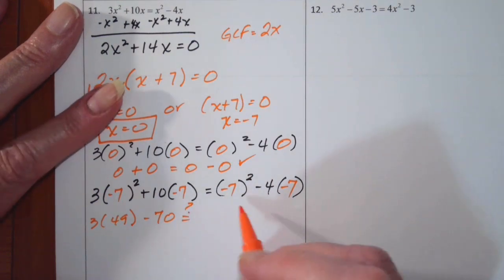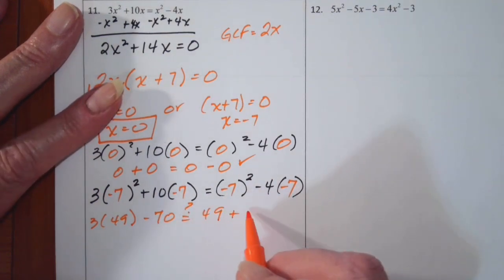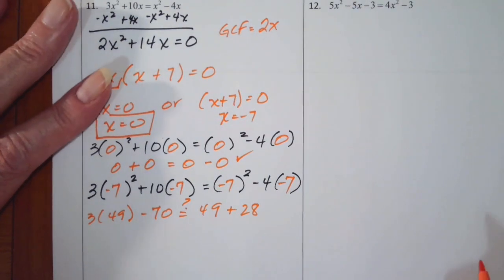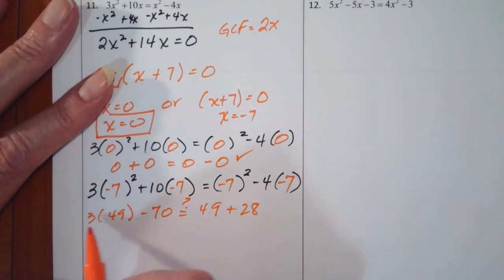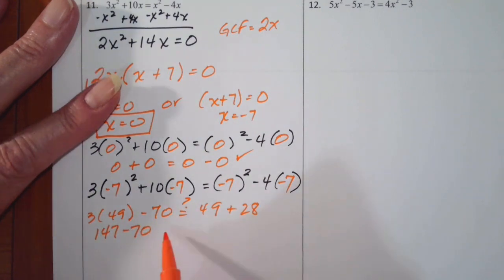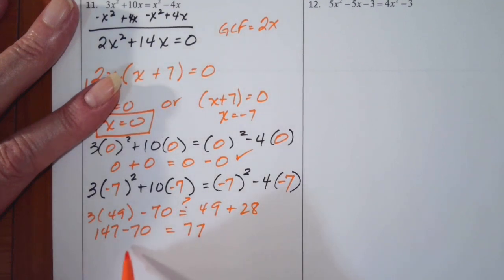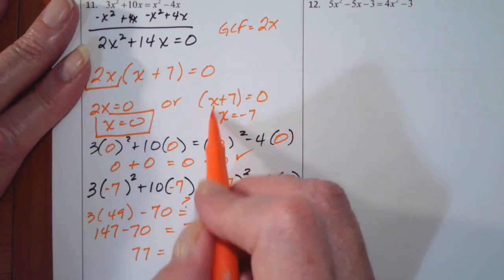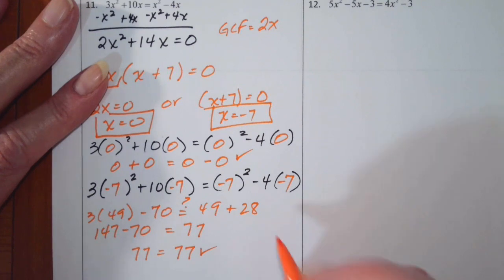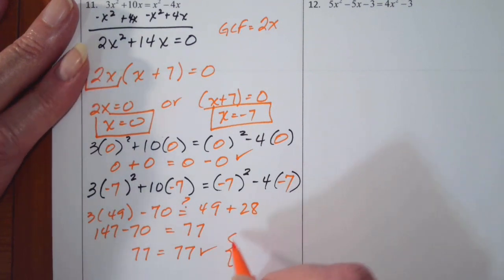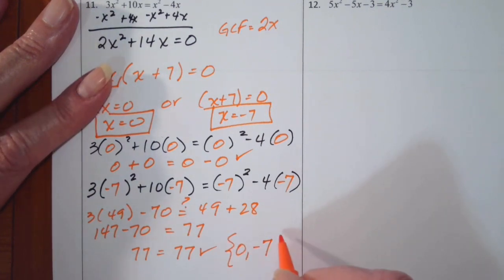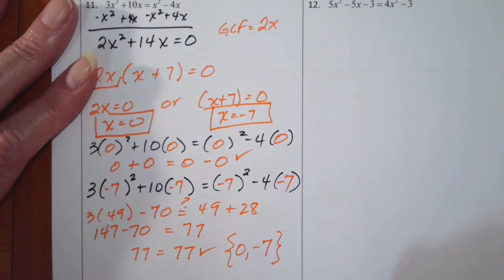I want to know if that's equal to 49 plus 28. Well, this is 147 minus 70. 49 plus 28 is 77. And look at this, so is this. So they check. So 0 and -7 is my solution set.